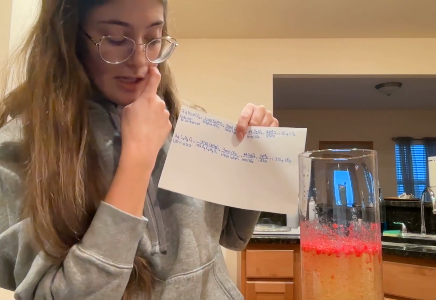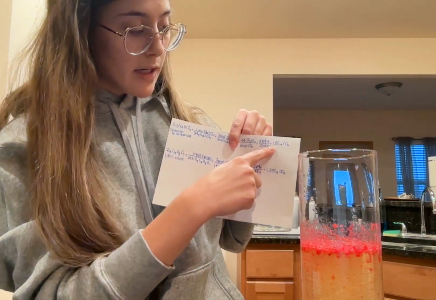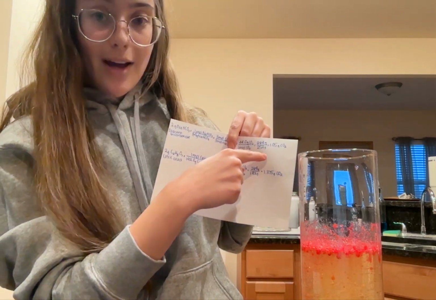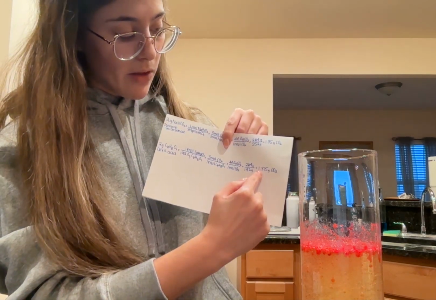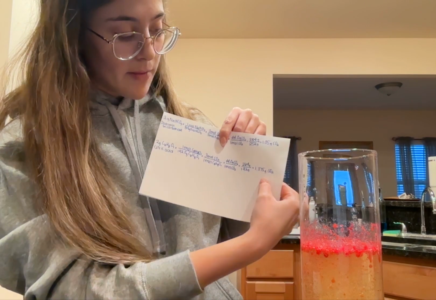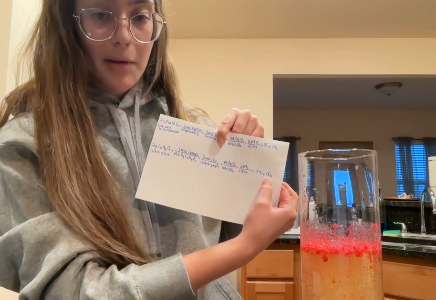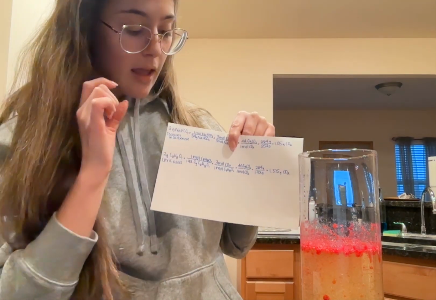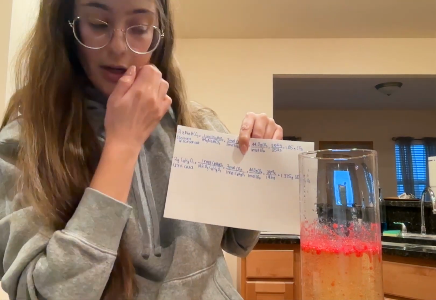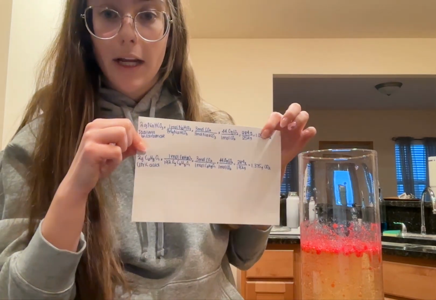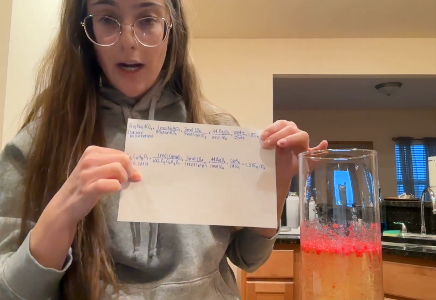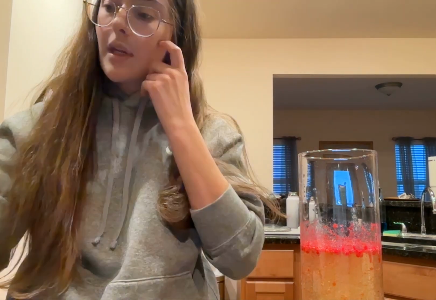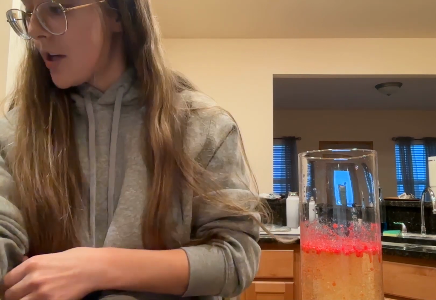Since our sodium bicarbonate amount, 1.05, is 0.325 grams less than 1.375, the amount of carbon dioxide that can be made from the citric acid, that tells us that our limiting reactant is our sodium bicarbonate, because this is going to run out before the citric acid will. So that is the math explanation of it.